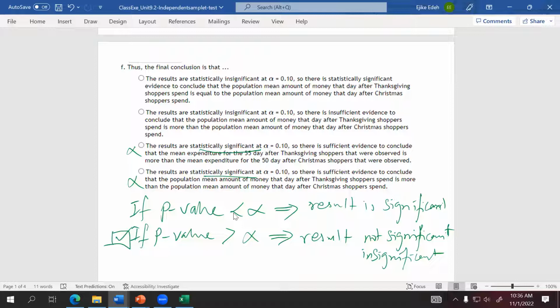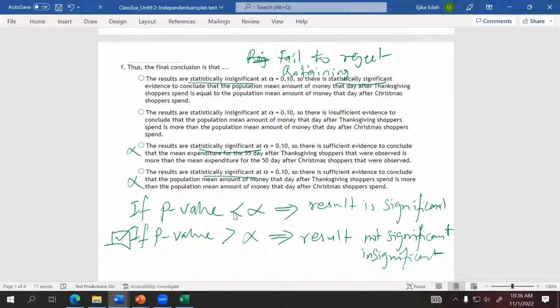Okay, so this is really saying something that is contradictory. If it's statistically significant, then you're going to reject the null. If statistically insignificant, you're going to fail to reject the null. And if you fail to reject the null, it means you're retaining the null. And what is the null?